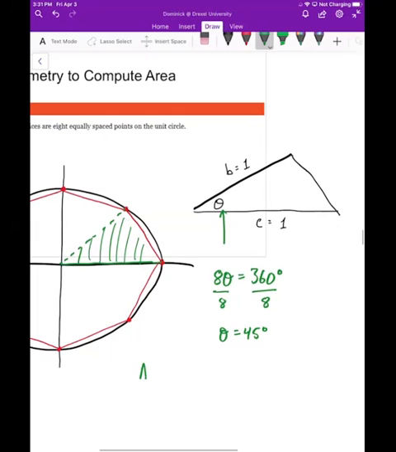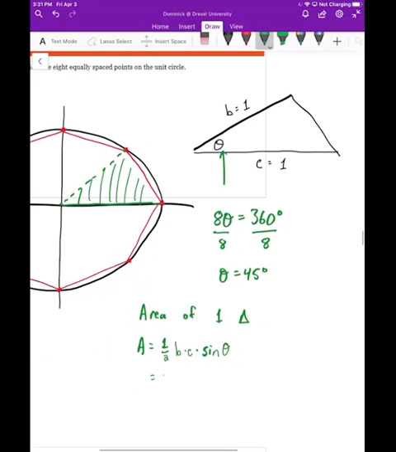Right? So the area of one triangle is A equals 1/2 B times C times sine theta. And in this case, it's 1/2 times 1 times 1, so I'm not going to write them, times sine of 45 degrees. Well, this is 1/2 times square root of 2 over 2. So this is square root of 2 over 4. And that's one triangle.